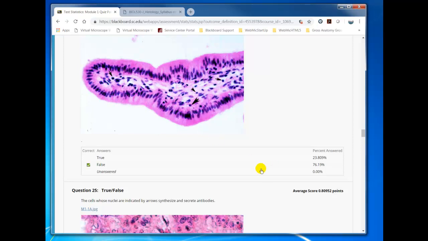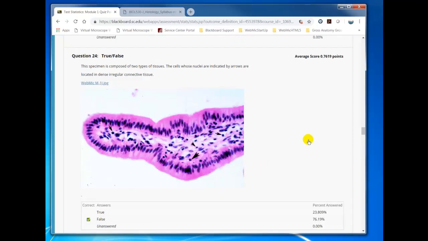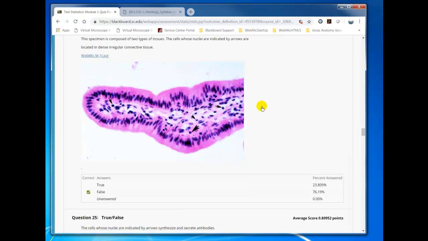76% of the class got this answer correct, and the statement was this specimen is composed of 2 types of tissues. The cells whose nuclei are indicated by arrows are located in dense irregular connective tissue. Well, they are not, because you see the little round cells here, and most of those are lymphocytes. But if you see a cell with the elongated nucleus in here, that's most likely a fibroblast.